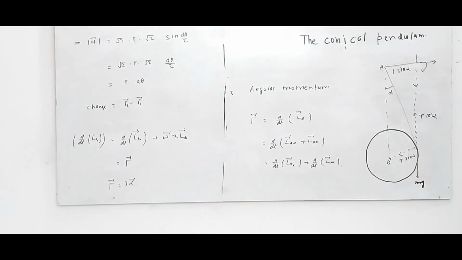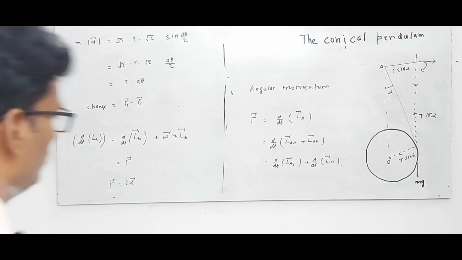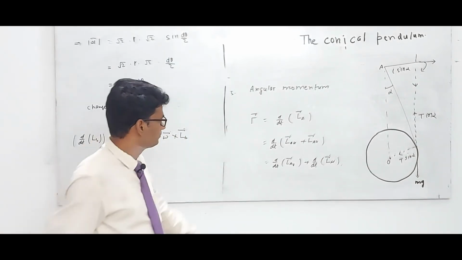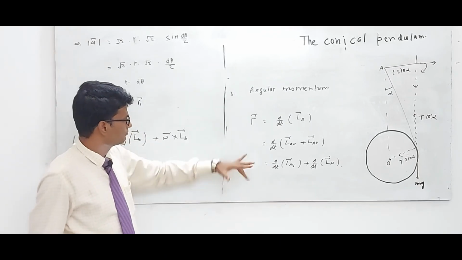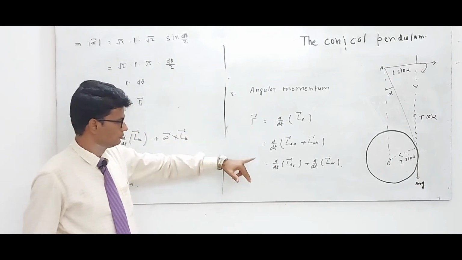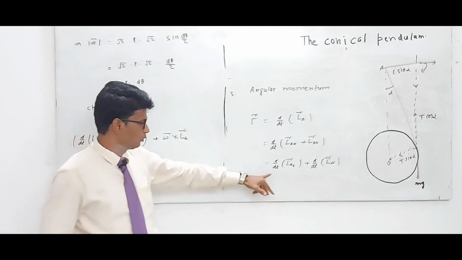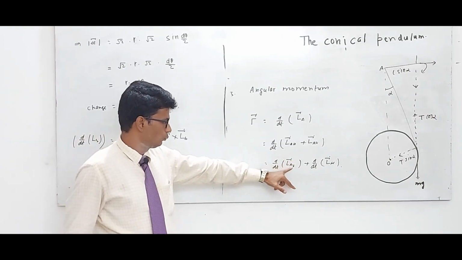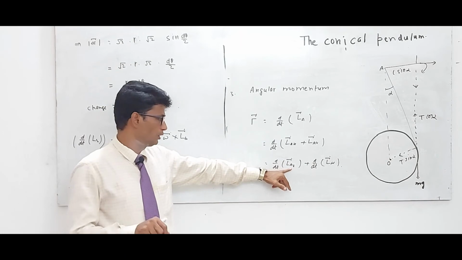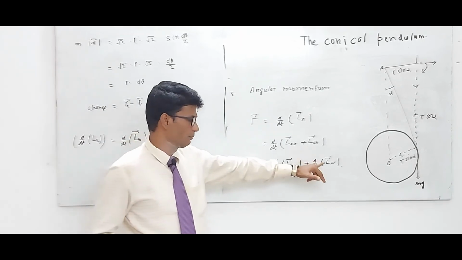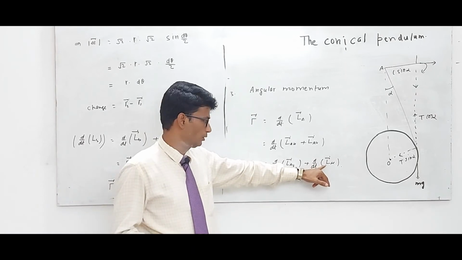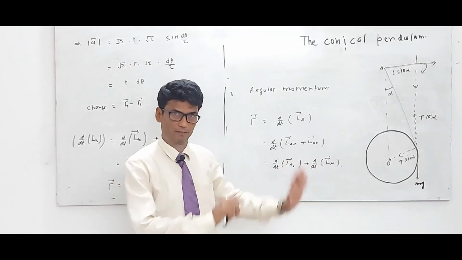Now here what we have derived: the torque is equal to d by dt of the vertical vector component of angular momentum plus the time derivative of the horizontal component of the angular momentum vector.